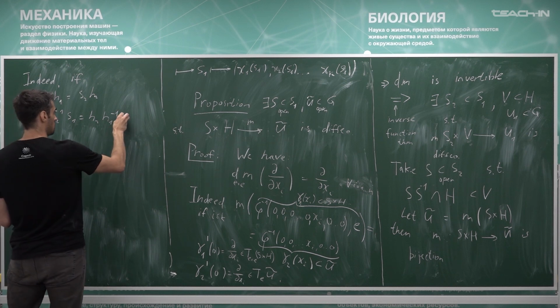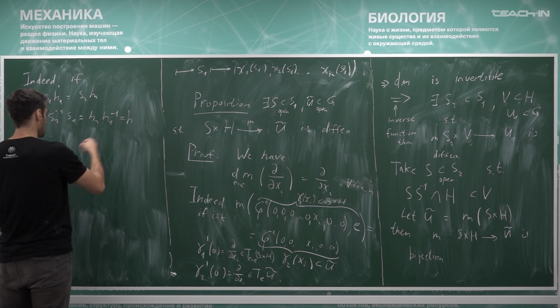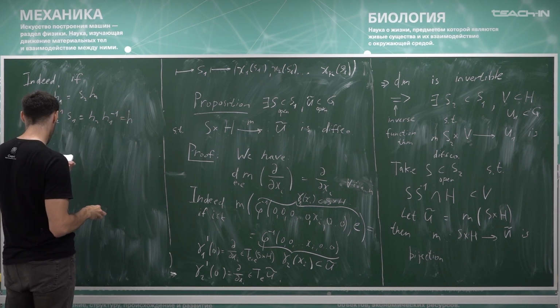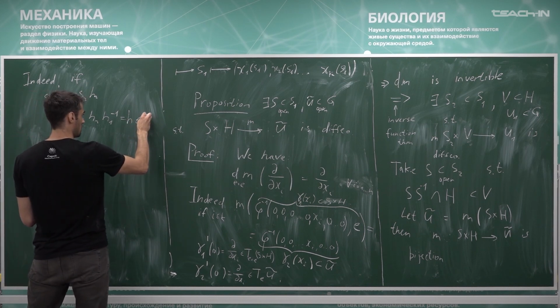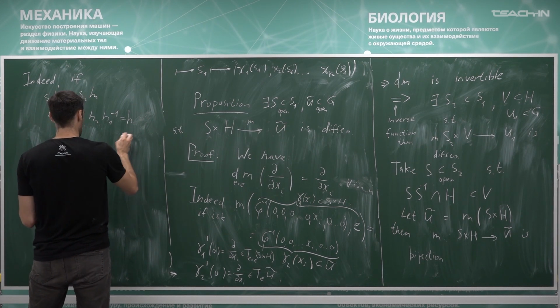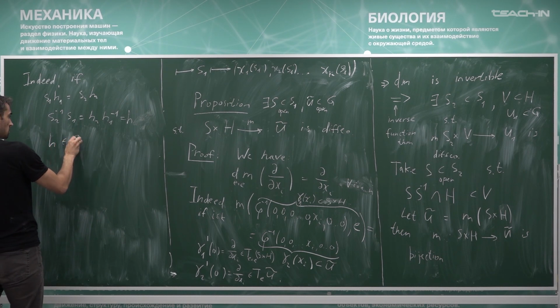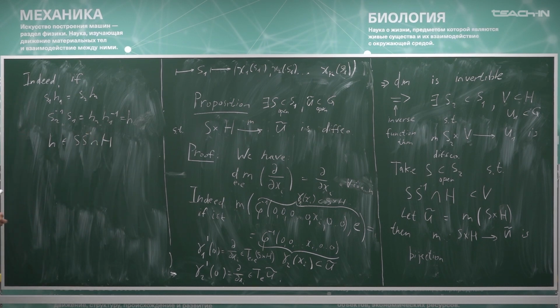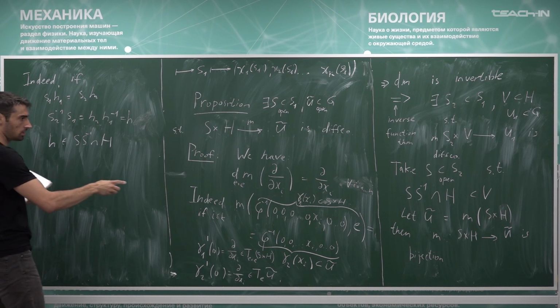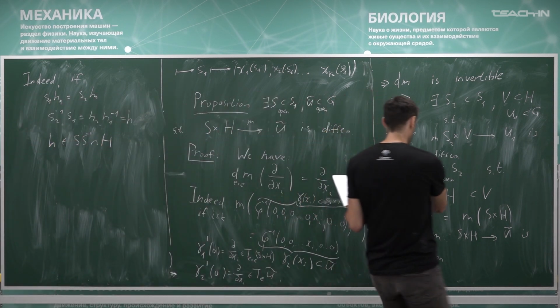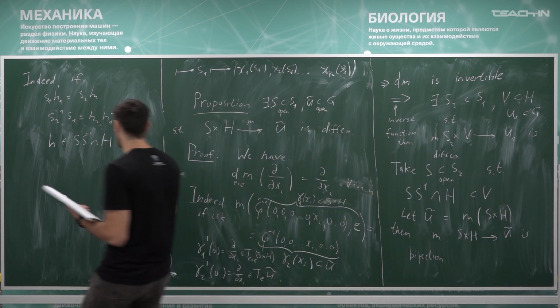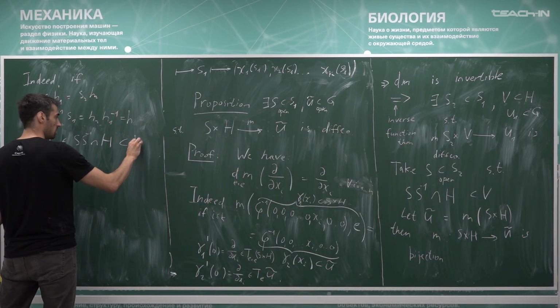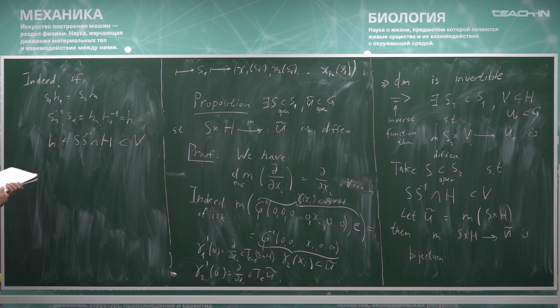Let me define this as h, right? So h is inside S inverse S, because of that, intersect H because of that. But we chose S such that this is inside V, so therefore h is inside V.